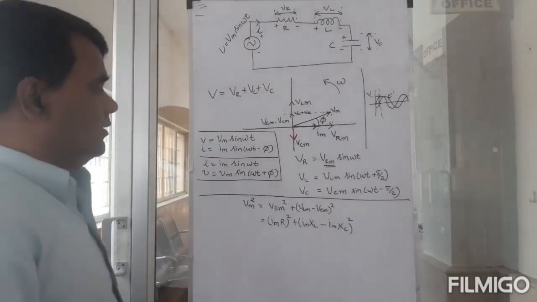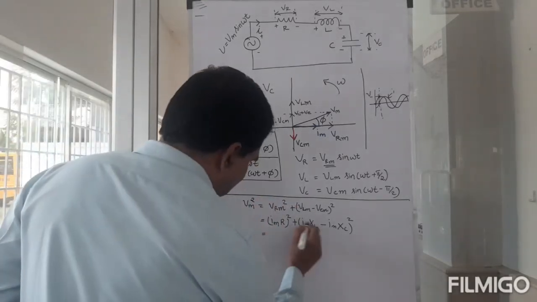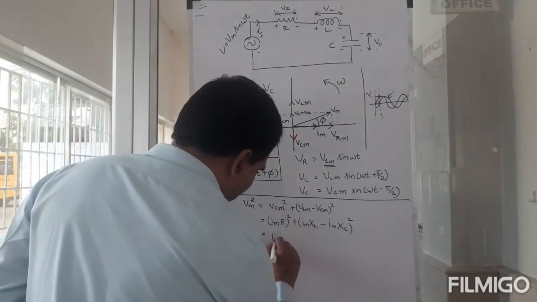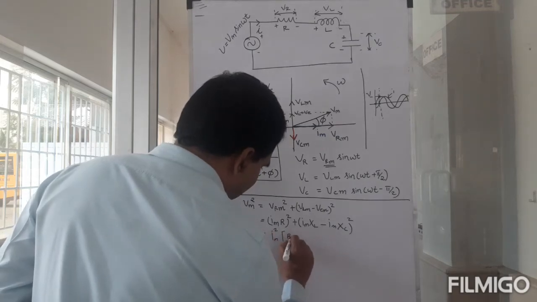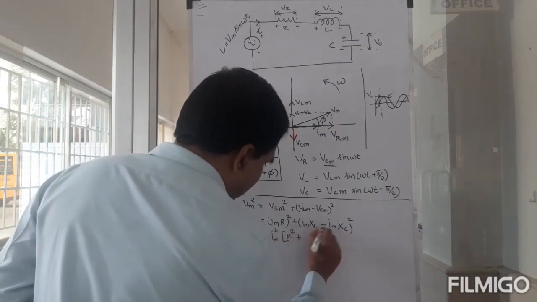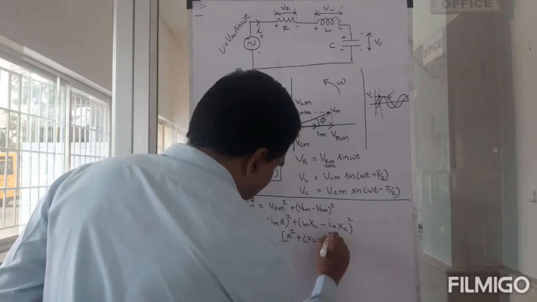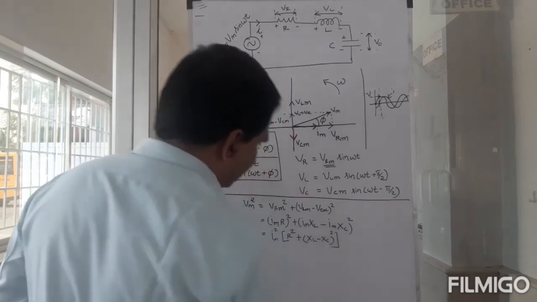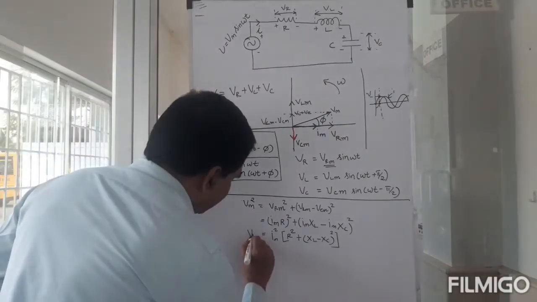So I can take IM squared out, and then I get R squared plus XL minus XC the whole square. So that's going to be my VM squared.